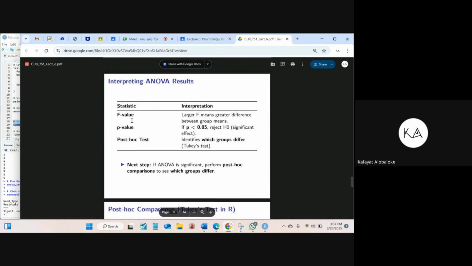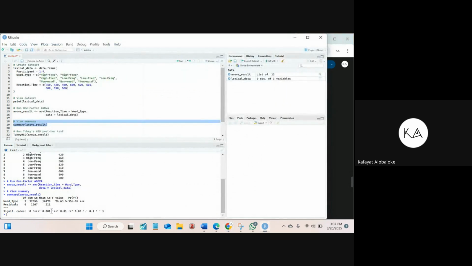Now let's interpret our ANOVA result. In this case, what's our F value? This is our F. In the column for F value, we have 76.63, whereby our p-value, which is this, is 0.0000535, like that.